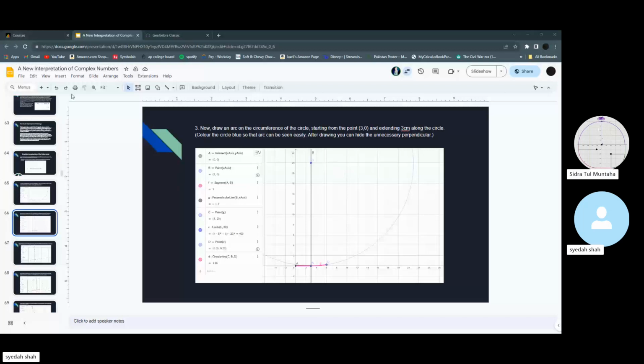Can you see the screen, the Skype screen? You can share your screen so that I can see what you are referring to by the movement of your mouse.